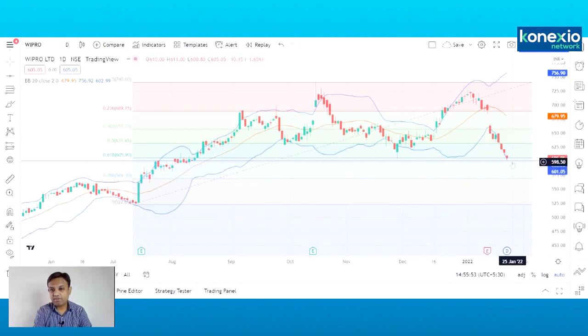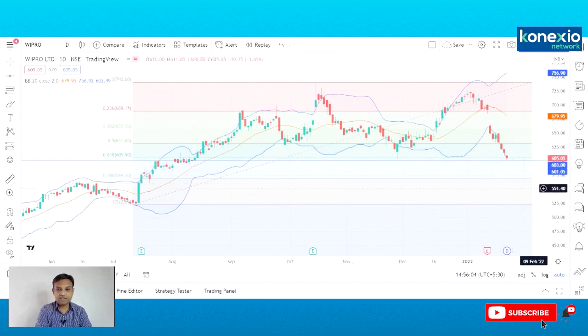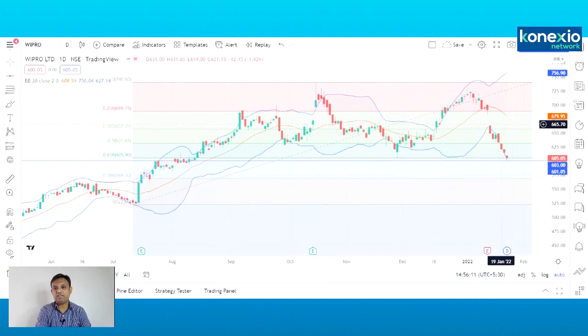It has taken multiple supports from here. So now the probability is that the stock is in oversold territory and we might see a pullback from this area. This is the area from where we might see a consolidation coming, and then the stock might rally at least to this resistance area of 666.